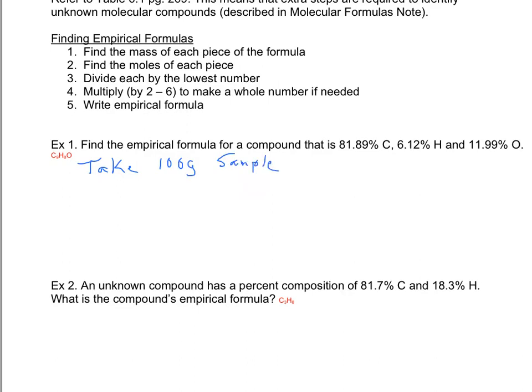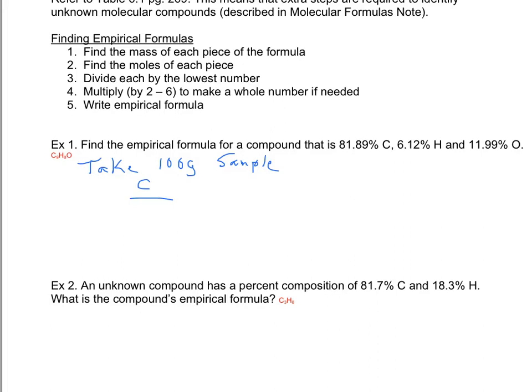If I have a 100-gram sample that is 81.89% carbon, then I'm going to have 81.89 grams of carbon. You can take any size sample that you want, but if you choose a 100-gram sample, all you have to do is flip the percent signs to grams, and you've achieved step 1. I like to make a little organization chart here.